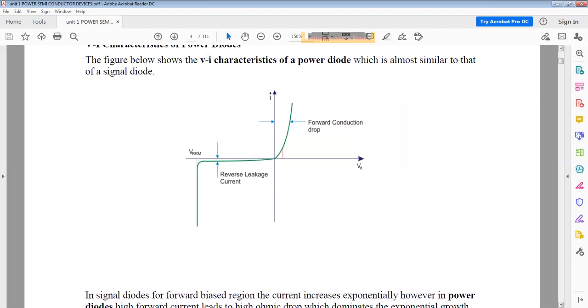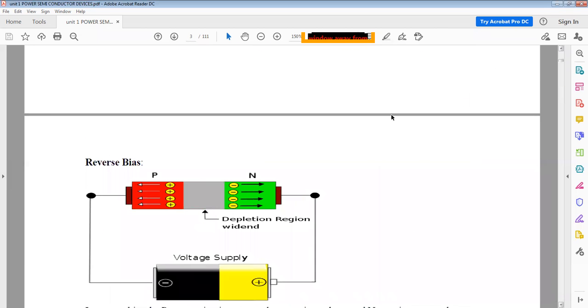But in case of a power diode, what are the characteristics of a power diode? It has an additional N layer, an N substrate, connected to the power diode near the cathode terminal.